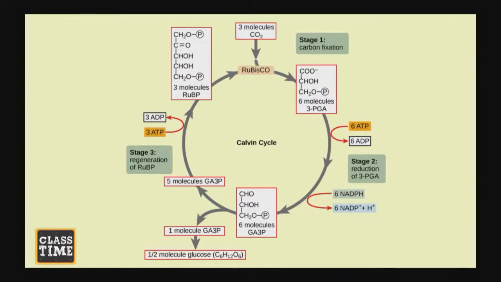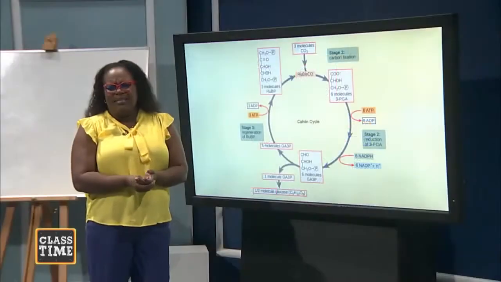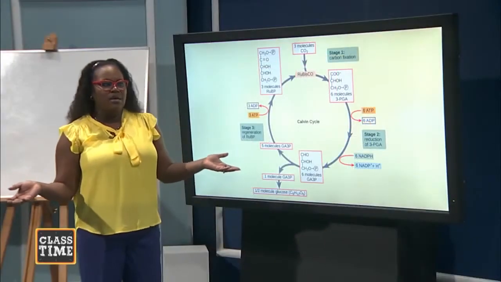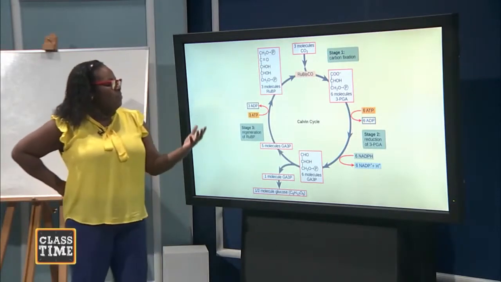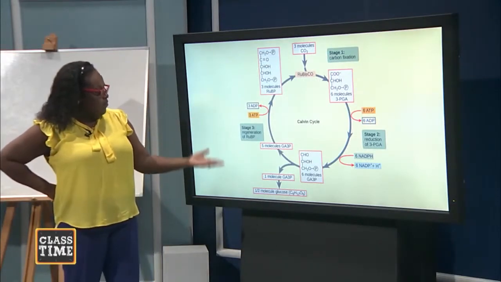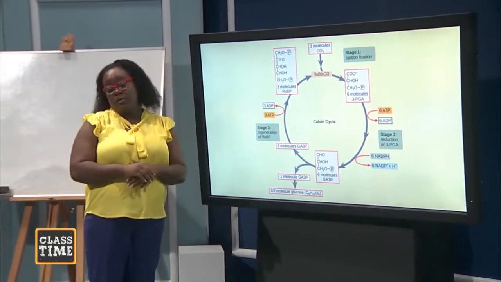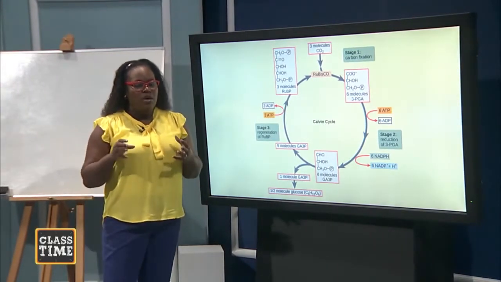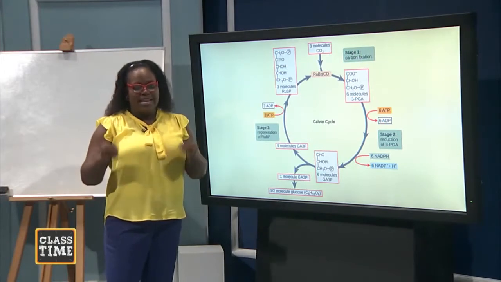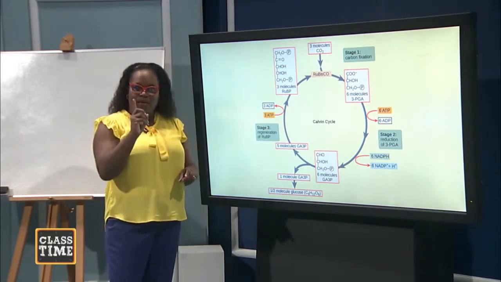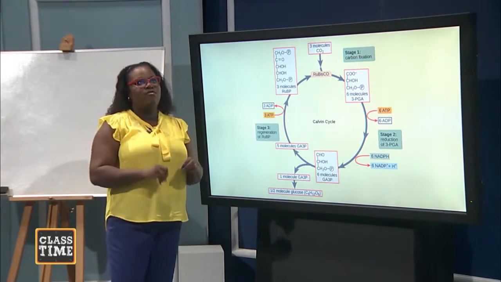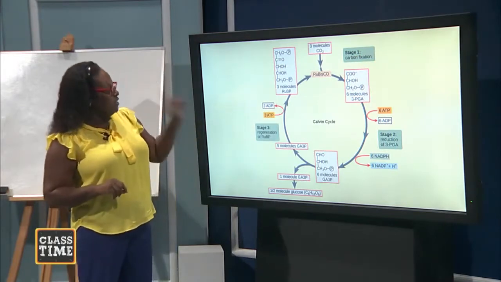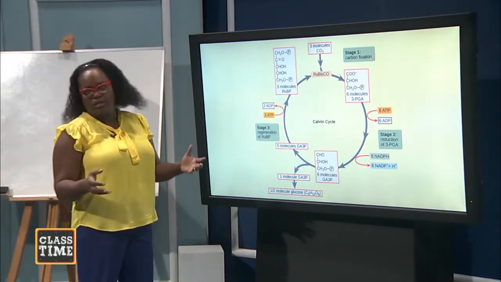a glucose is made. And I know a lot of persons are saying, because my students say it all the time, miss, this is very inefficient, because you mean the plant has to do this whole 6 times before they get one glucose molecule? But when you think about it, in every chloroplast that exists inside of one leaf, and each leaf has several cells that have several chloroplasts in it, hundreds of chloroplasts.